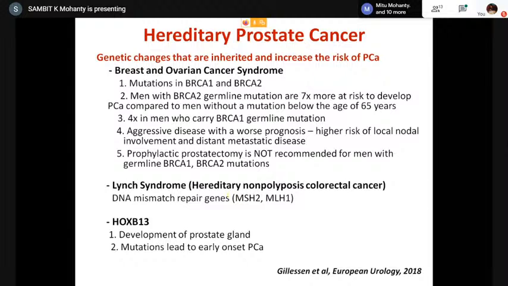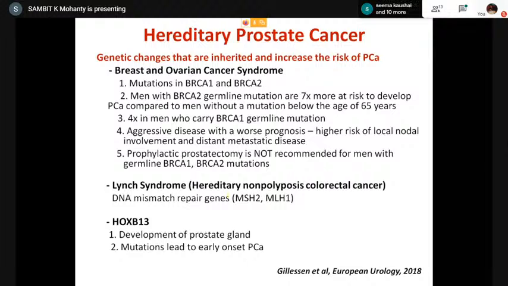Once they cross 65, the chances may be nothing or low, but below 65, in young patients, someone with a BRCA2 germline mutation has 7 times more risk of developing prostate cancer, and 4 times more in men who carry a BRCA1 germline mutation. It is an aggressive disease with worse prognosis, with a higher rate of nodal metastasis and distant metastasis. Prophylactic prostatectomy is not recommended in NCCN till date with BRCA1 and 2 mutations. So it is not like GYN tract malignancy or breast.